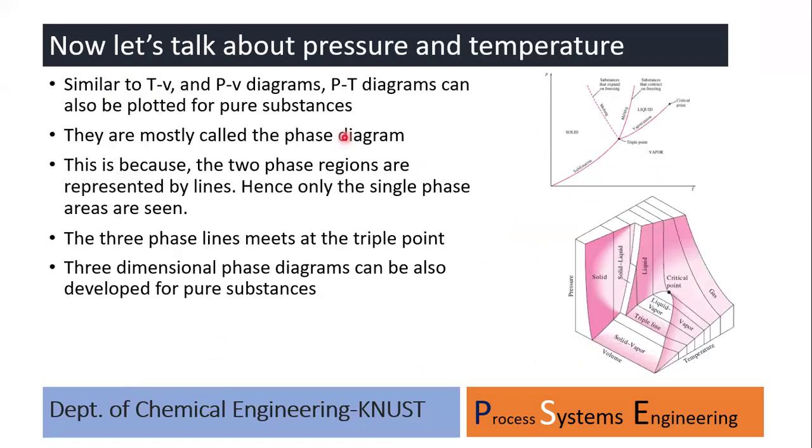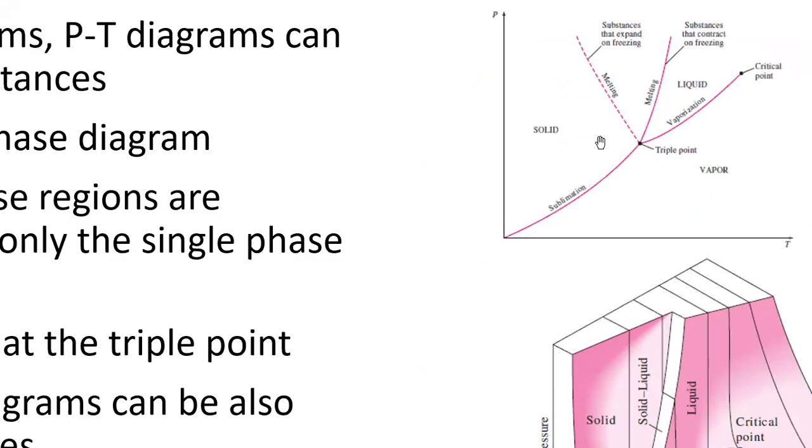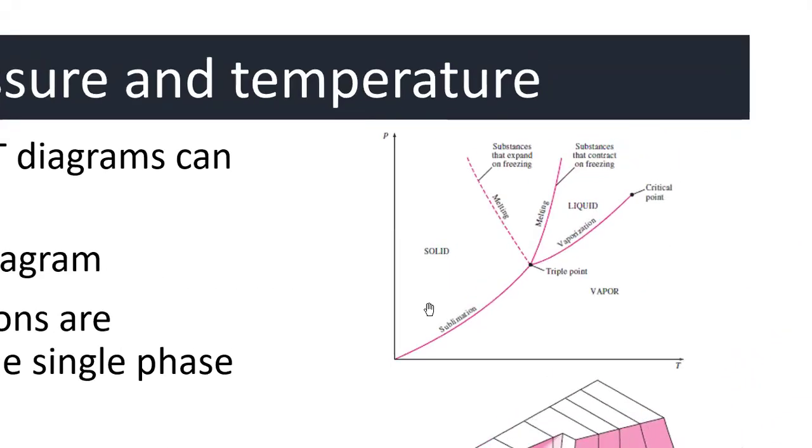Okay. Now we can also plot graphs for pressure against temperature. All that we've seen so far was pressure against volume and then temperature against specific volume. But you can also do the same thing for pressure and temperature. So realize that at very low pressures and very low temperatures, I can have my material in a vapor phase. So that's down here.